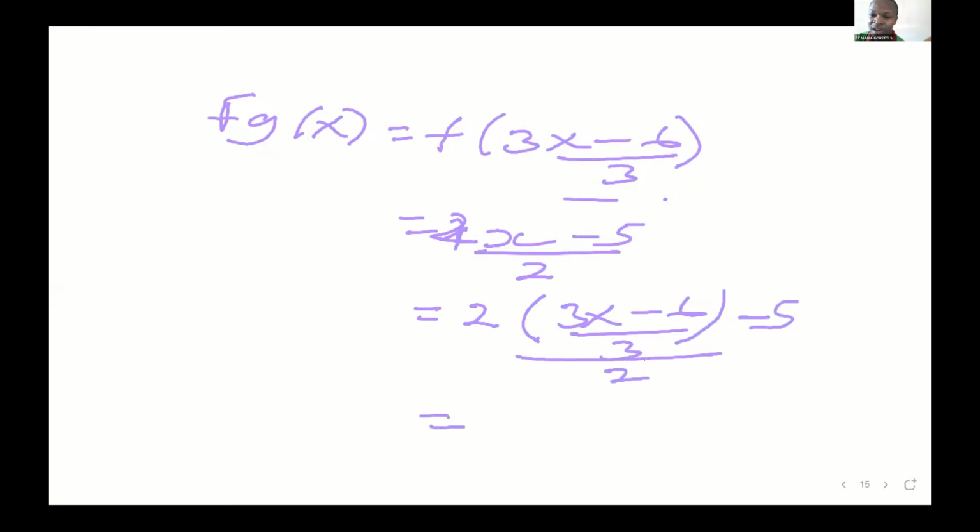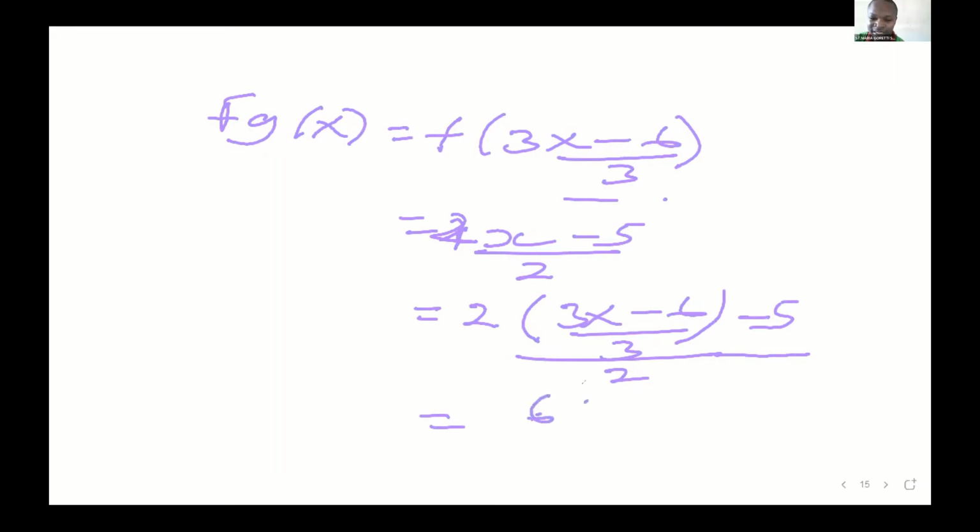Remember, this is one line, because we have put the whole of this into this x. Therefore, when you multiply, this will affect everything inside.